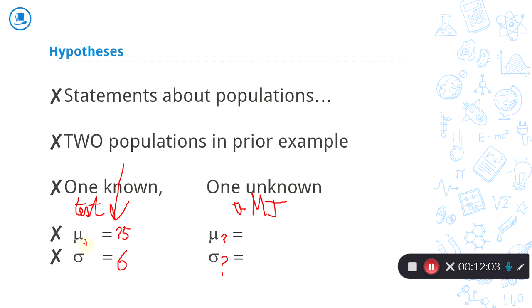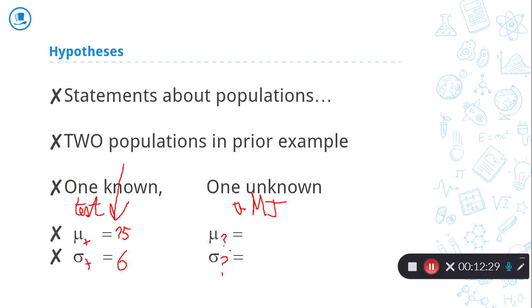Over down here, I'm going to call this mu t, or we could just leave it plain old mu and sigma. But I like to use the subscripts to sort out what it is that these numbers belong to. So plain mu and sigma is from the population of individuals on this test. That's how they score. We don't know how people who smoke marijuana score on this test. That's an unknown population.